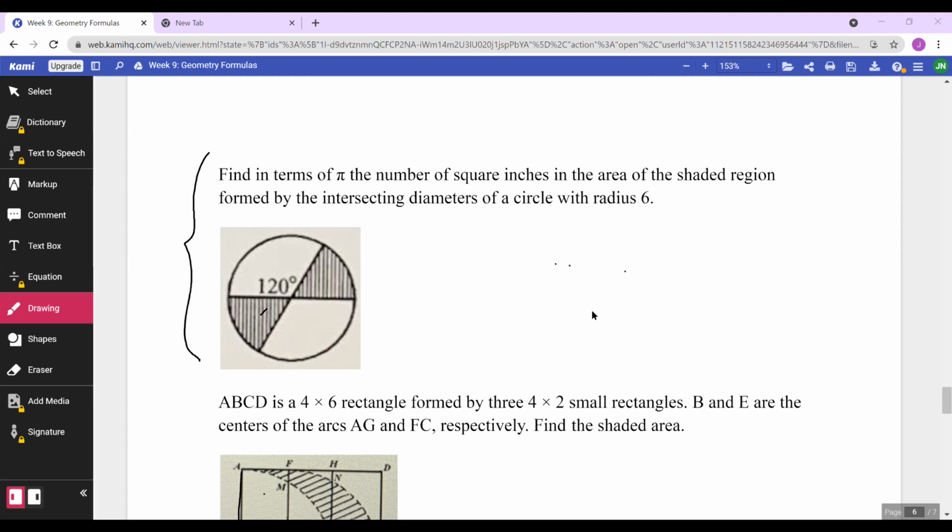Can you move to the second problem? Sure. Is the first problem 36 pi?